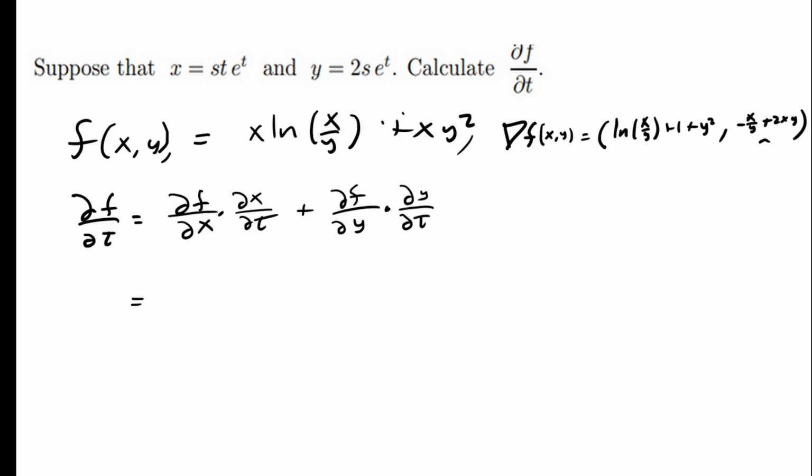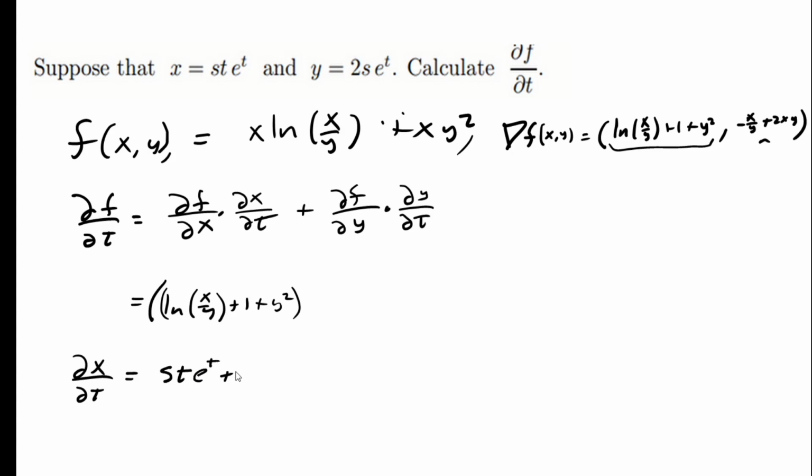Okay, so df dx, that's this. So this is ln x over y plus 1 plus y squared times dx dt. dx dt, I'll compute that separately. dx dt is equal to, we have to use the product rule, so that's s t e to the t plus s e to the t.